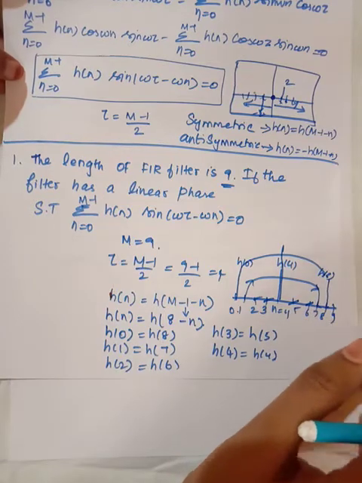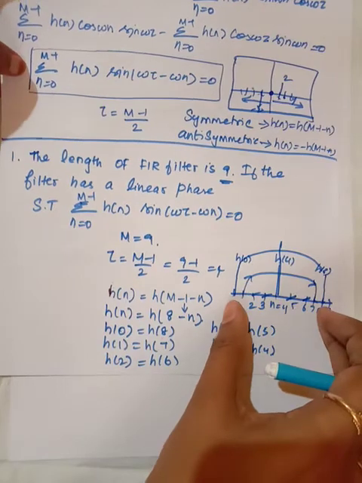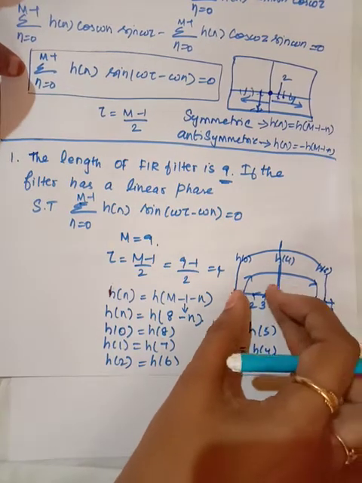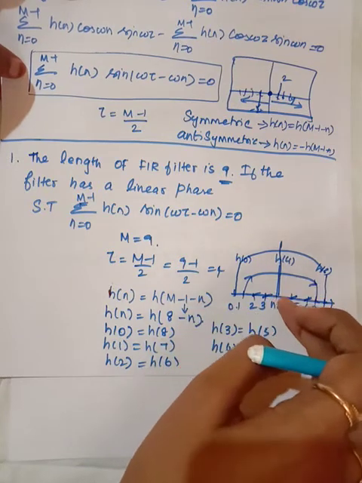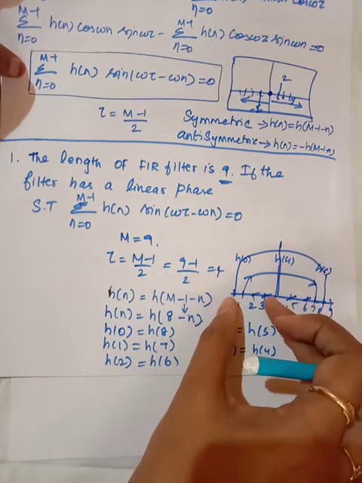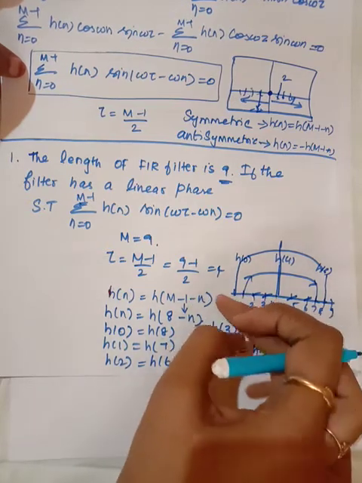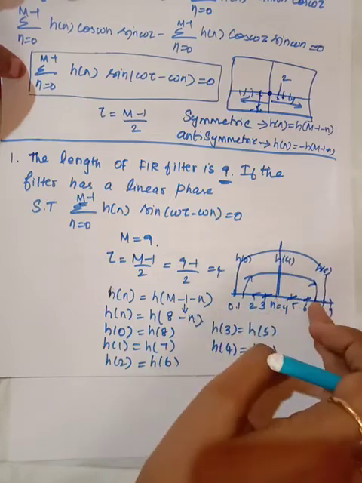So we need to first find the center of symmetry, then take the samples before the center of symmetry, then find the samples after the center of symmetry.